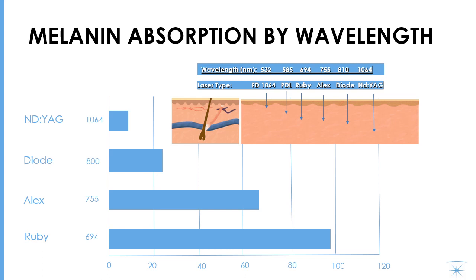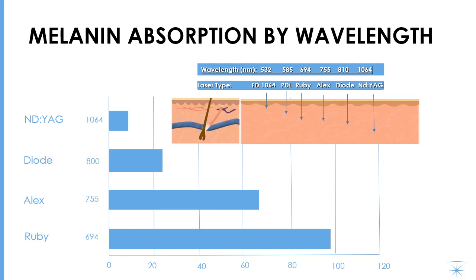Because we have a rule in the laser which says that the smaller the chromophore size, the less it absorbs the laser. So when we compare the epidermal melanin size to the follicular melanin size, we'll find that the epidermal melanin size is much smaller, so it's not going to absorb those types of lasers, the diode and the Nd:YAG, as much as the hair follicle melanin.